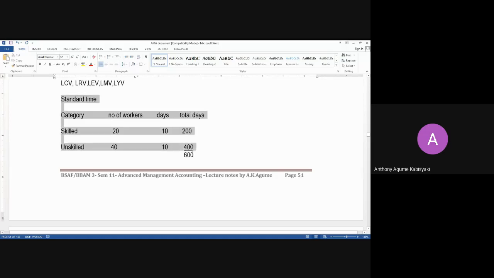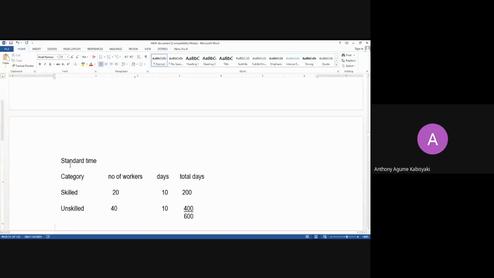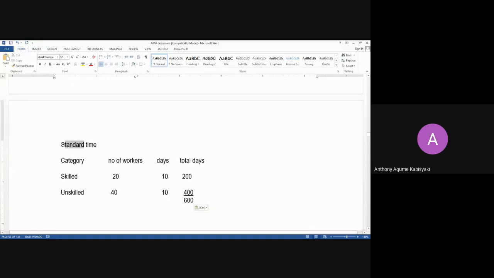Then I also determine the actual time. You can copy this so that I just change the figures. We paste it here. This is the actual time.